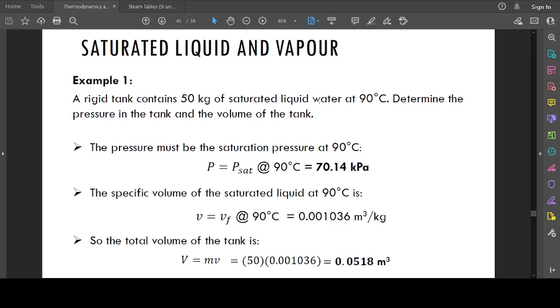So for us to determine the pressure of the system, we know the temperature of the system. So the pressure of the system will be the corresponding saturation pressure. All we need to do is what? We go to the steam table.